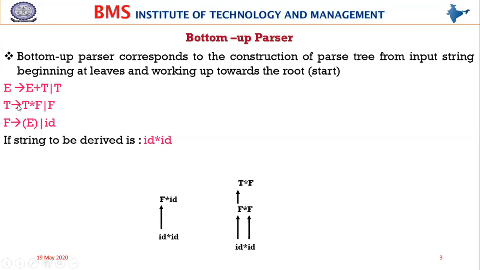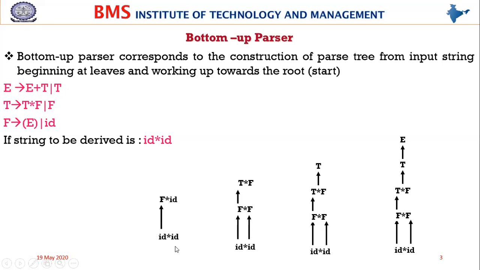Because we have a production T produces T star F or F. So we are able to replace F by T. And we can now replace the other F also by T, right? So we obtained a T from this id star id, and we have a production E produces T.